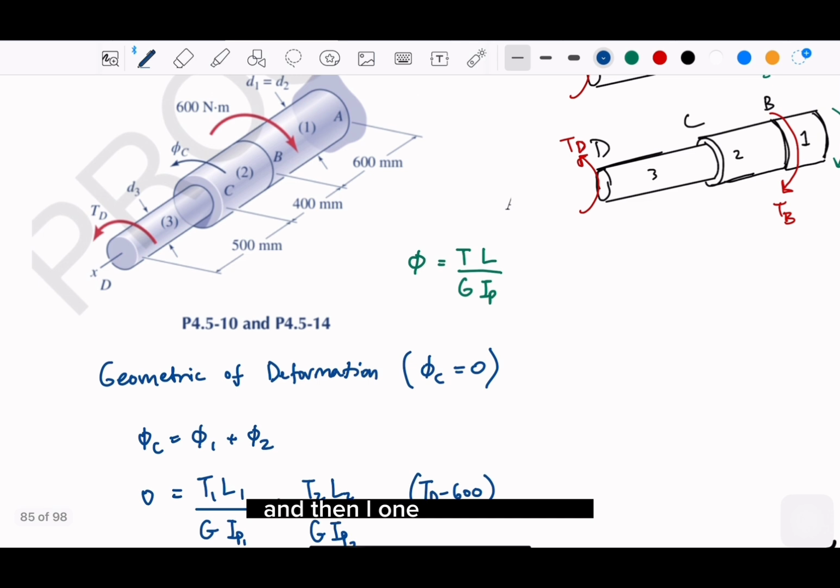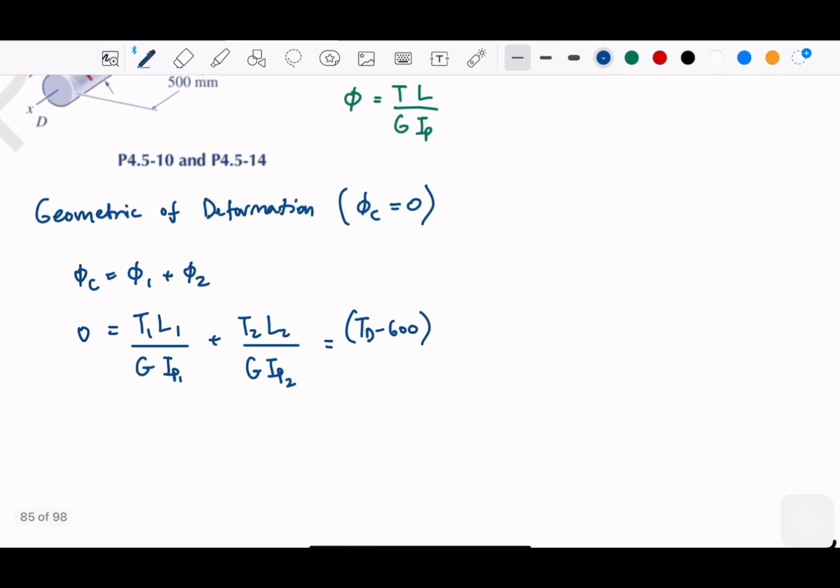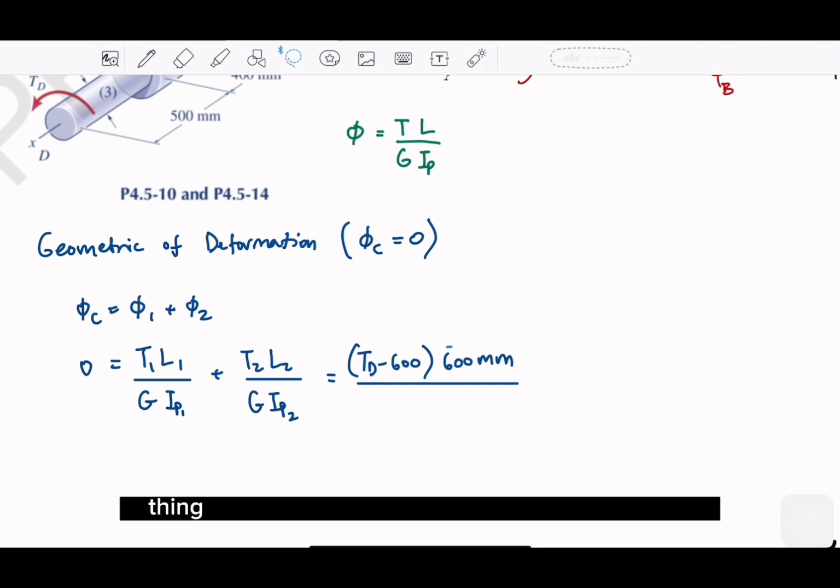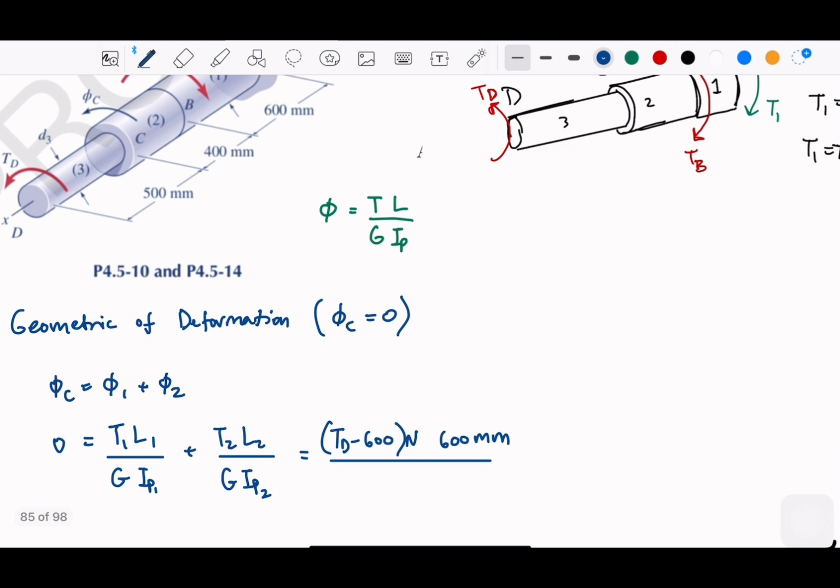And then L1 is 600. The torque is in Newton meter, right?